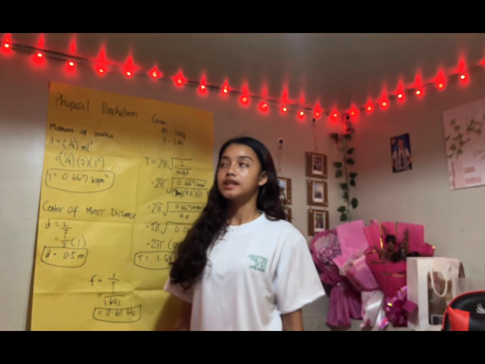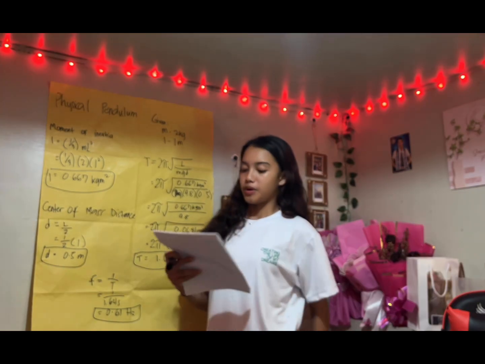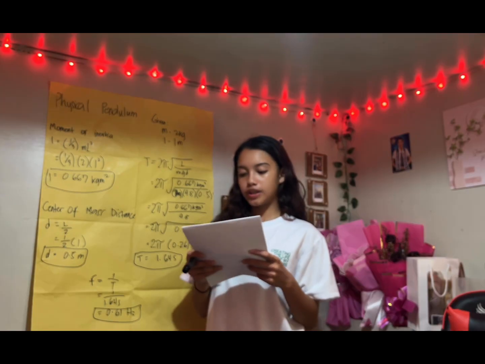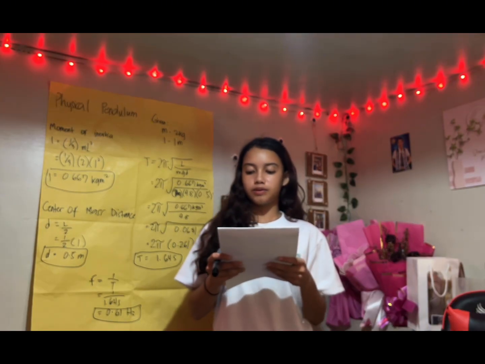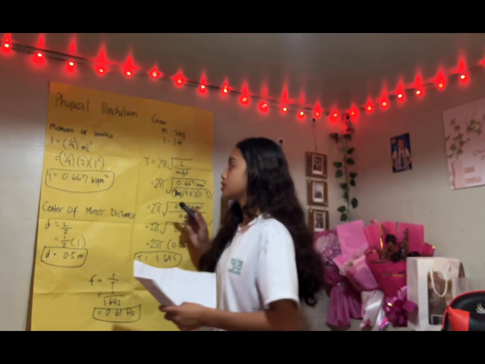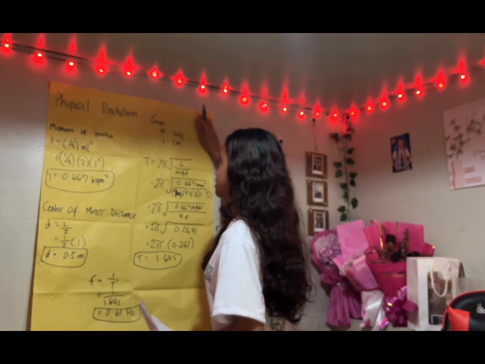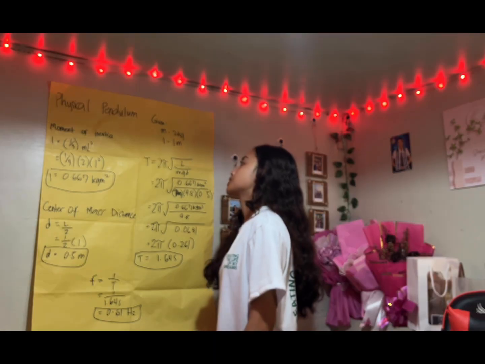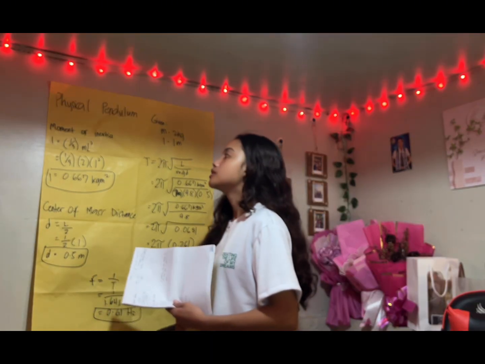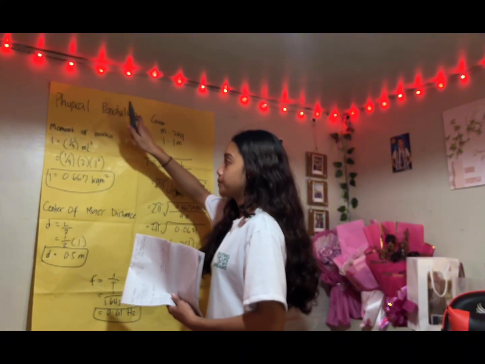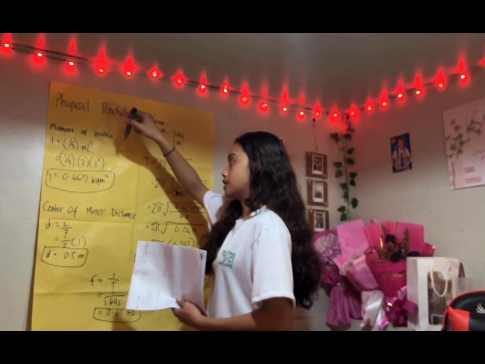As I said earlier, the problem is a uniform rod of length 1 meter and mass 2 kg pivoted at one end. This is the solution that I did earlier for the physical pendulum. First we need to solve the moment of inertia. This is the formula: I equals 1 over 3 m L squared.